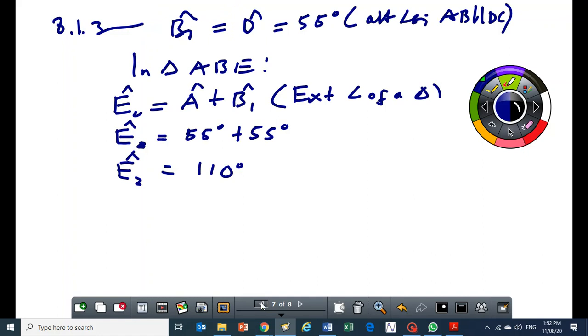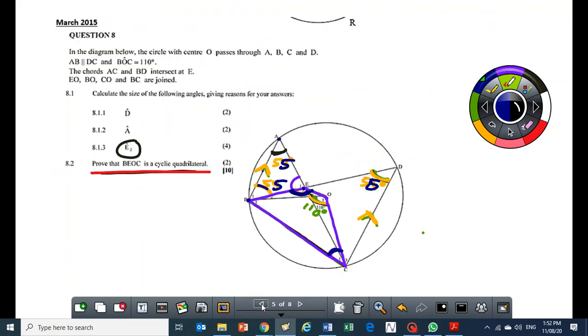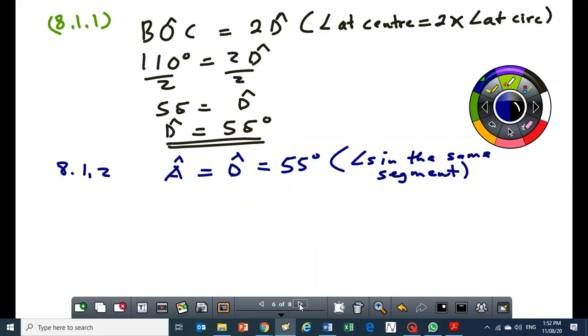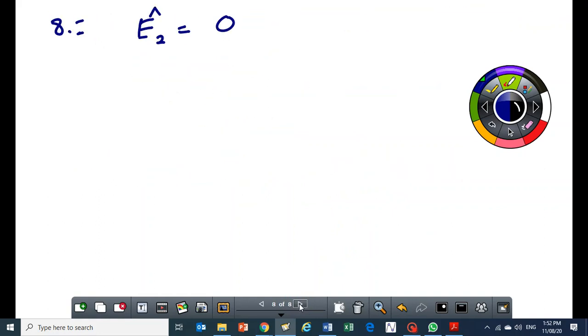So for 8.2, we will say angle E2 is equal to angle, we look at the diagram, it's equal to that whole angle, which in this case is angle BOC. So I'll put here BOC.